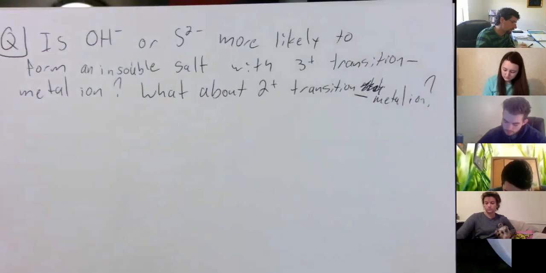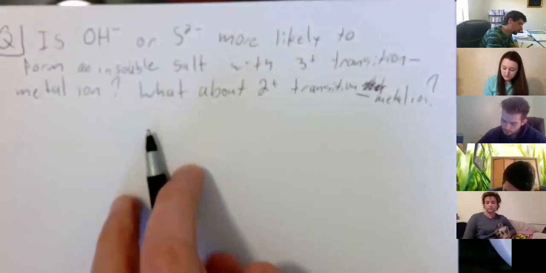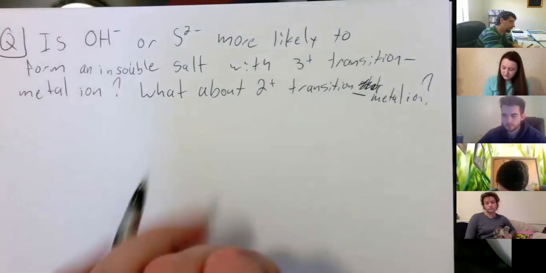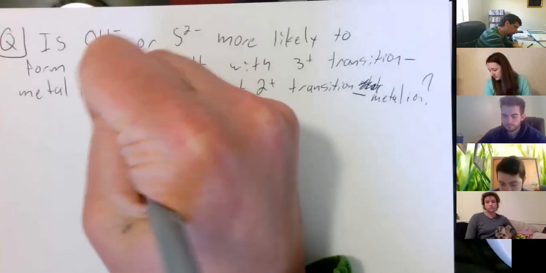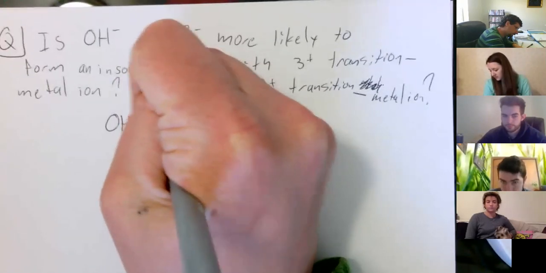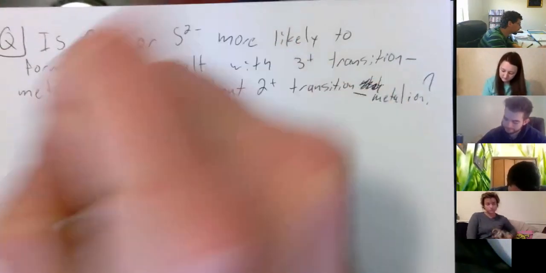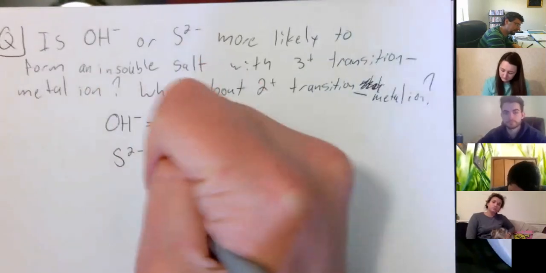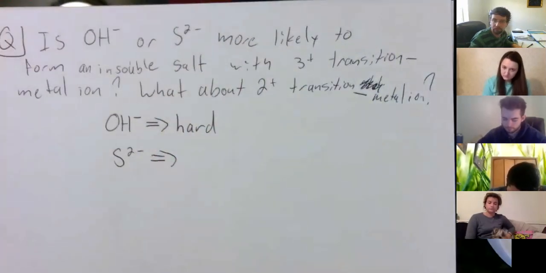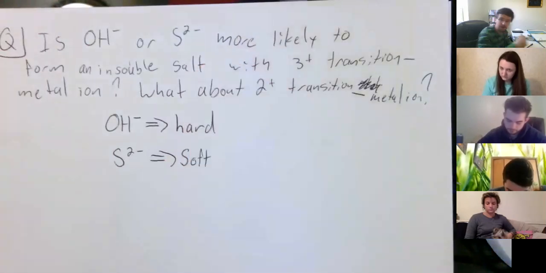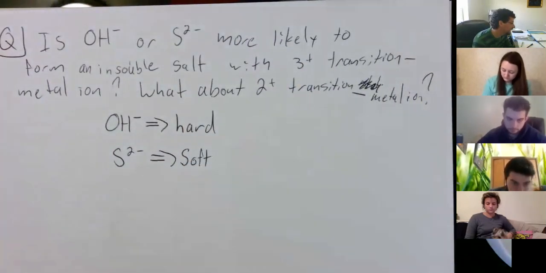Okay. So if you had to pick, is OH minus hard or soft? Hard. Yep, it's hard. What about S2 minus? A little bit softer. Yep, it's actually considered soft because it's just a negative anion hanging out there.